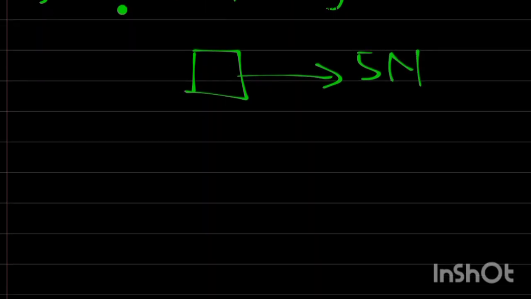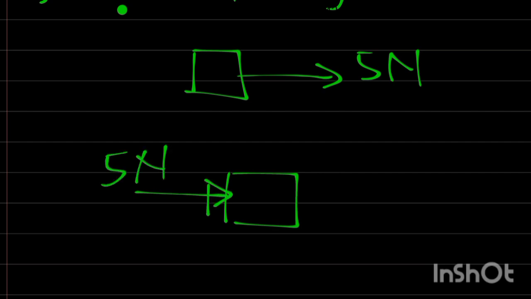If I decide to change my pulling force to a pushing force, and it's still 5 Newton, I have not changed the direction, I have not changed the magnitude. That means this and this are still the same thing because the same effect will be produced at the end of the day.